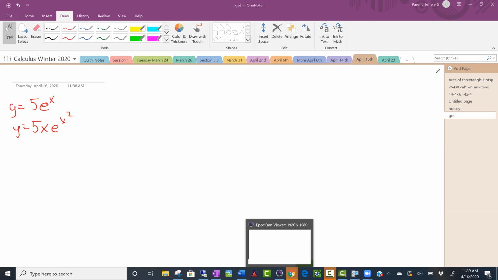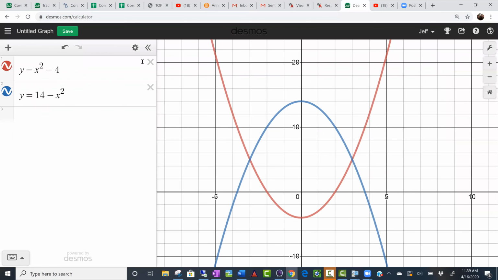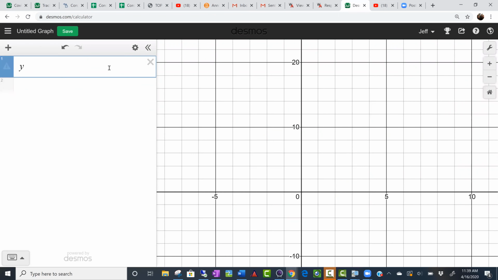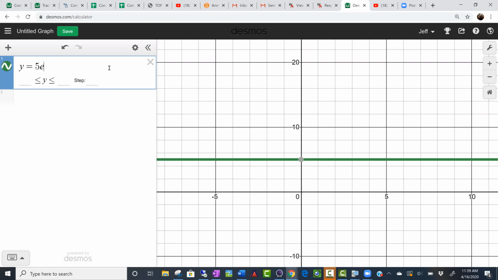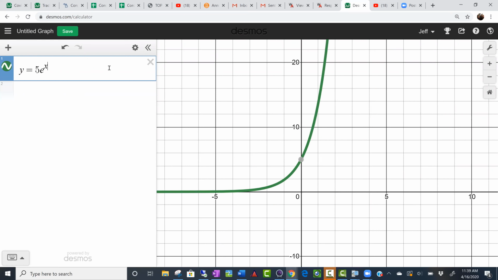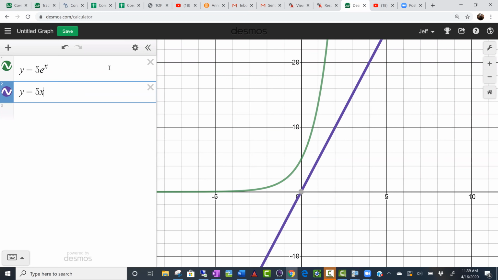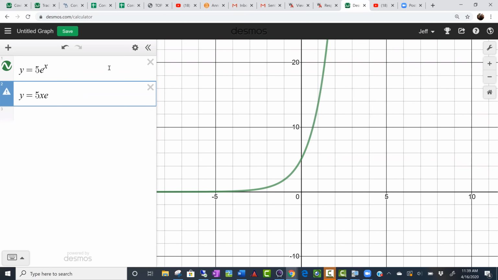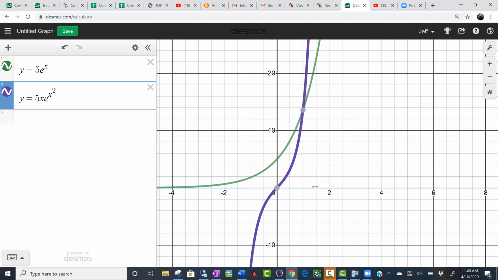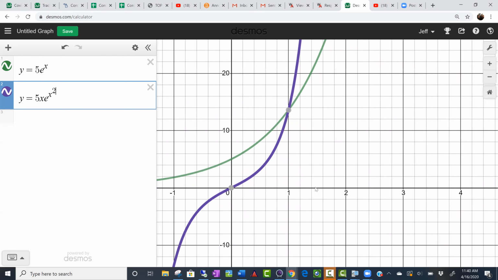And so I got as far as you roll out the 5 on both of them. So you have 5 integral e to the x dx minus 5 integral x e to the x squared dx. And I think that's as far as you can go with simplifying it like that. So I think you should be able to just dismiss the 5 until later on in the problem and just work out e to the x minus x e to the x squared from 0 to 1, and then multiply whatever's left after all of that by 5.